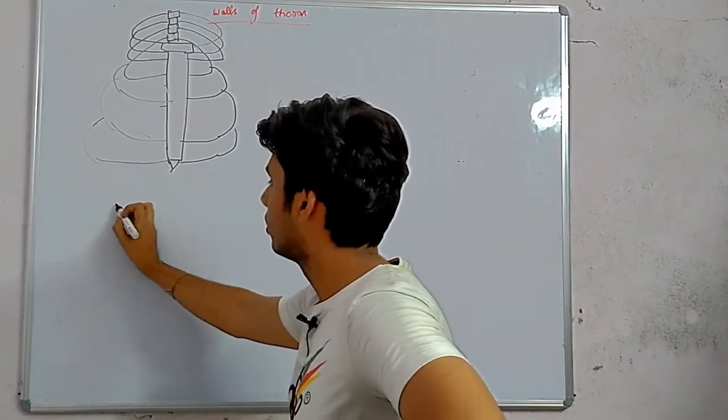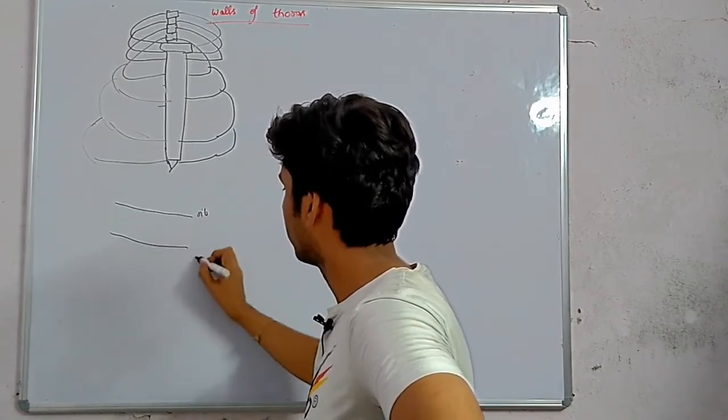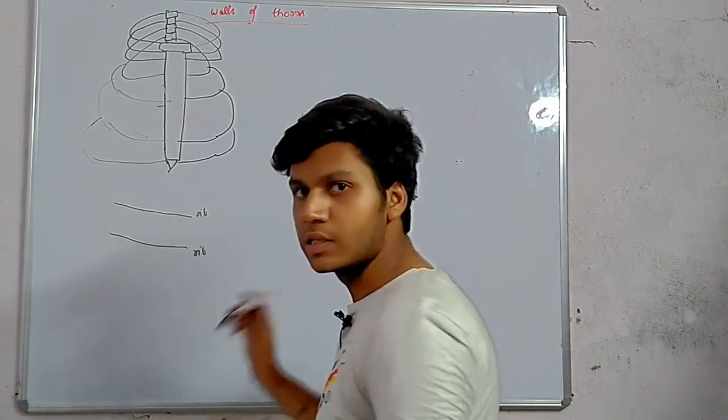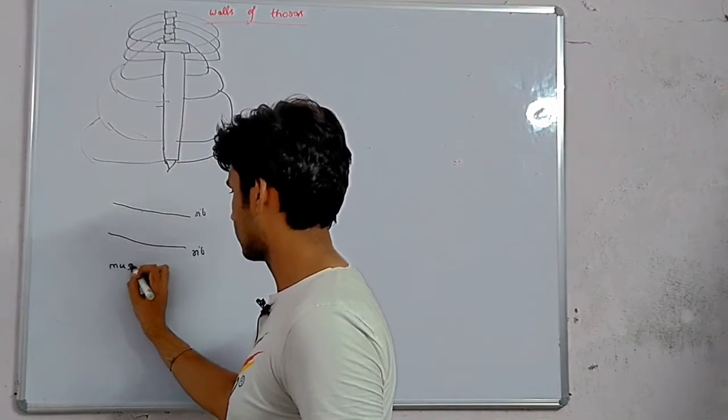Now take the example of two ribs. This is rib 1, rib 2. Here three muscles are present.